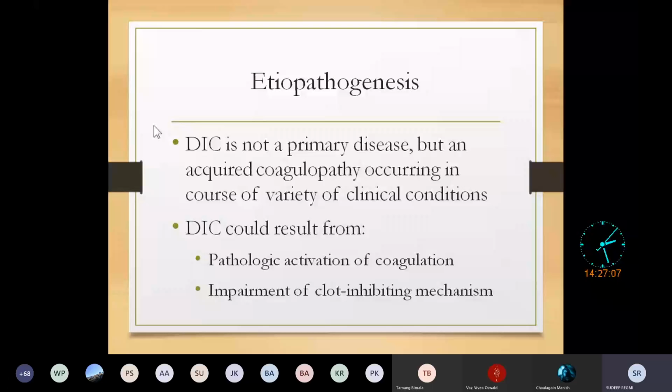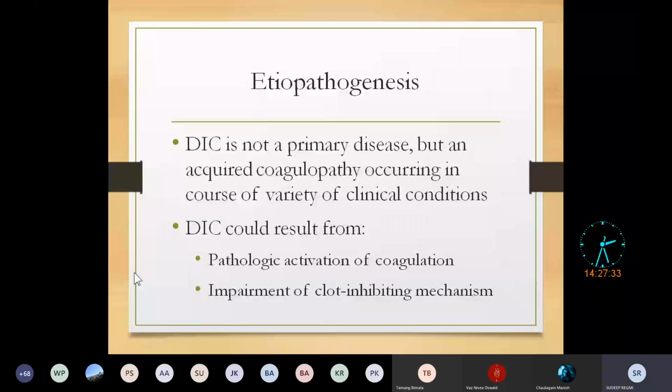And this DIC could result from, one is unwanted pathological activation of coagulation. Unwanted. This is untimely, unchecked activation of the coagulation system, and impairment of the clot inhibiting mechanism.